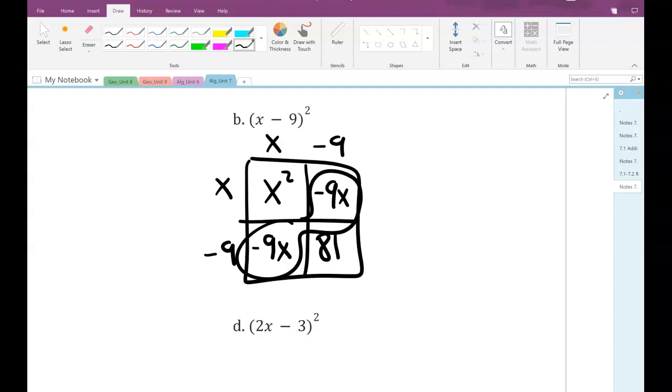Then we can combine our like terms on our diagonal. X squared, and when we're combining like terms, we add. So we have negative 9x plus negative 9x. We're just adding the coefficients, so it'll be negative 18x plus 81.